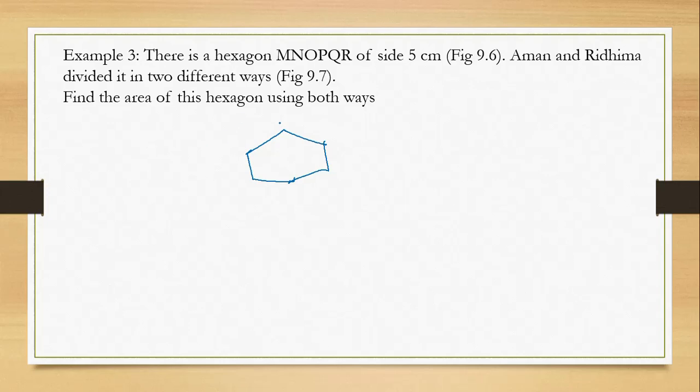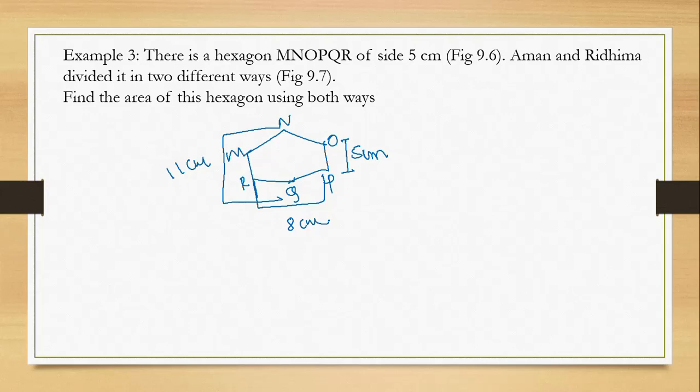First we want to mention the labels M N O P Q R. The distance between O and P is 5 centimeter, between N and Q is 11 centimeter, and the distance between R and Q is 8 centimeter.